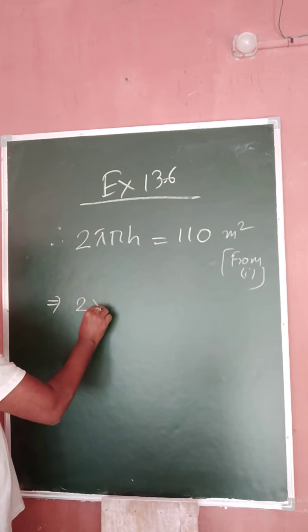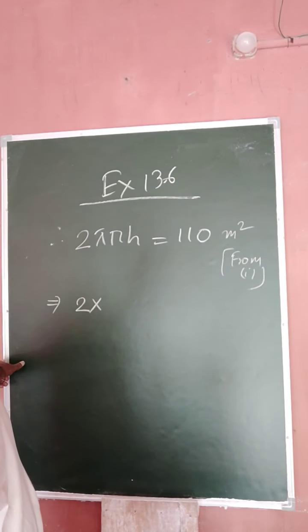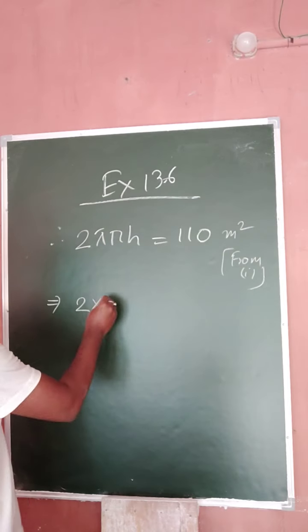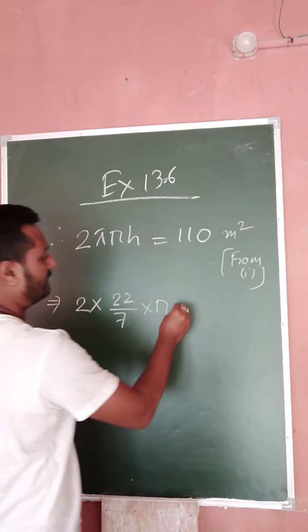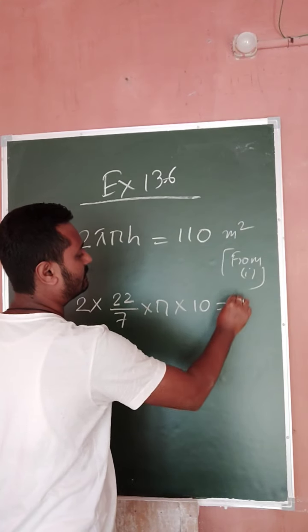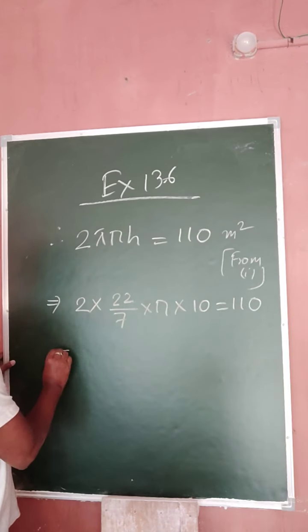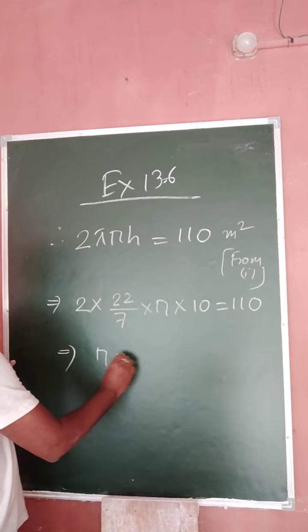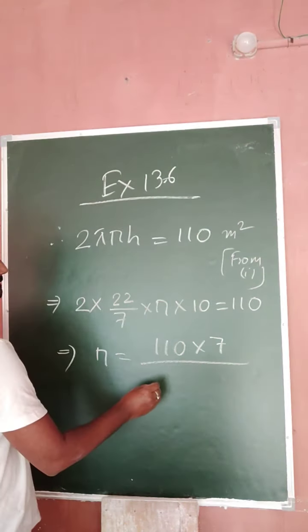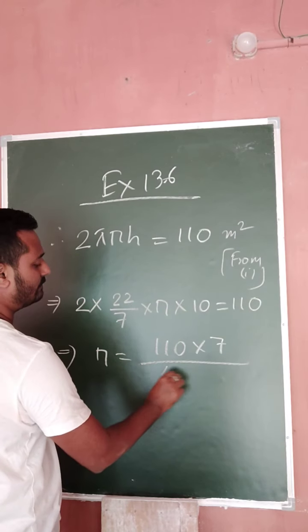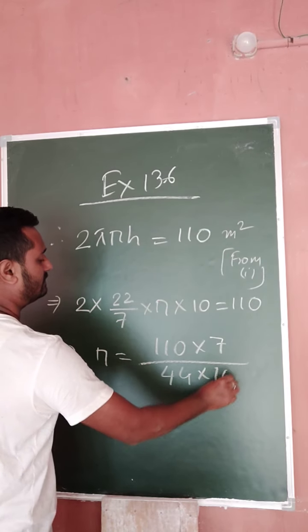From 1, 2 into pi, which is given as 22 by 7, into r, and h is 10, equals 110. So r is equal to 110 into 7 divided by 2 into 22 into 10.